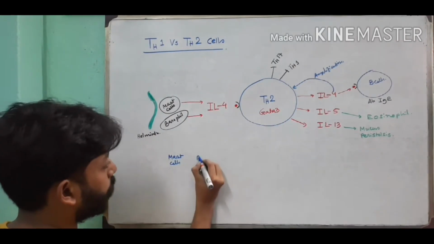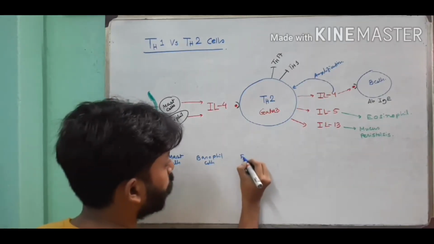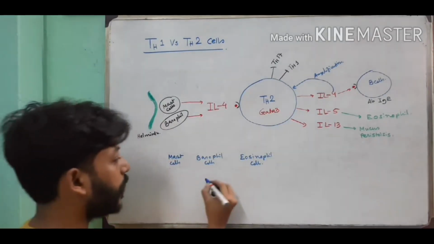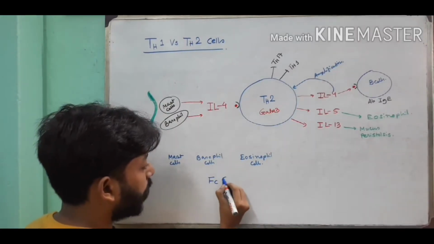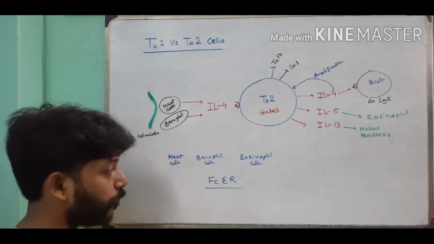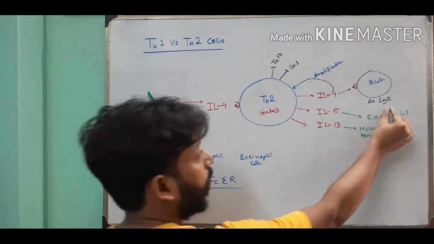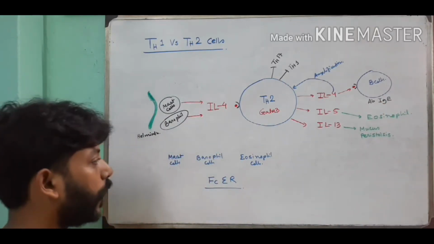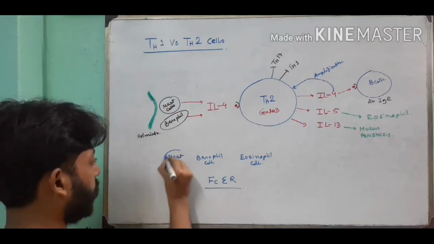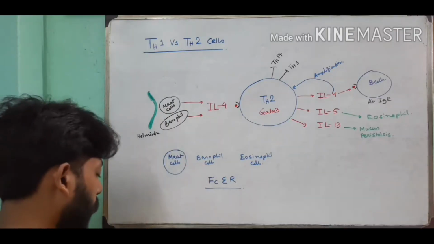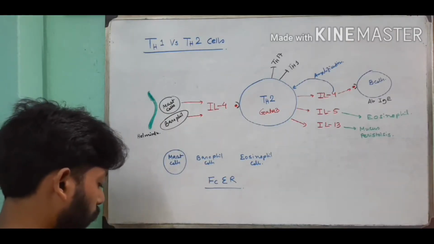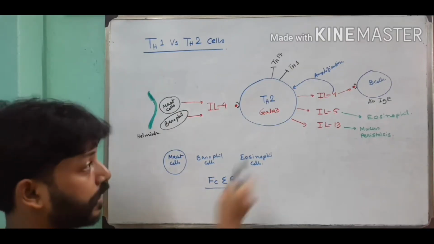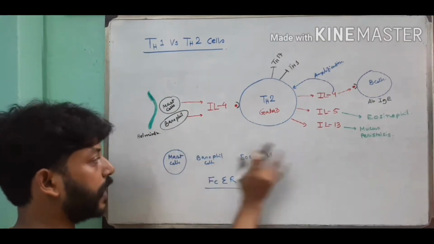What happens? Mast cell, basophil and eosinophil. These 3 cells express a receptor called Fc epsilon receptor, and this receptor can bind with the Fc region of the Ig molecule. Let's assume this is a mast cell, I am showing you with this mast cell example. These mast cells have a receptor that can bind with IgE, and all these cells have this receptor.